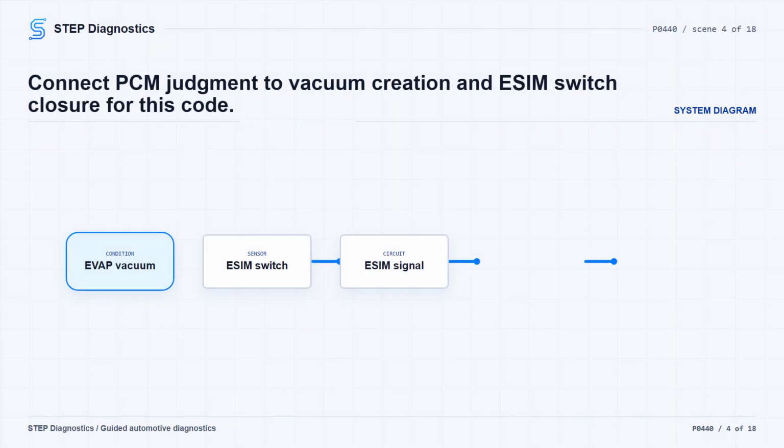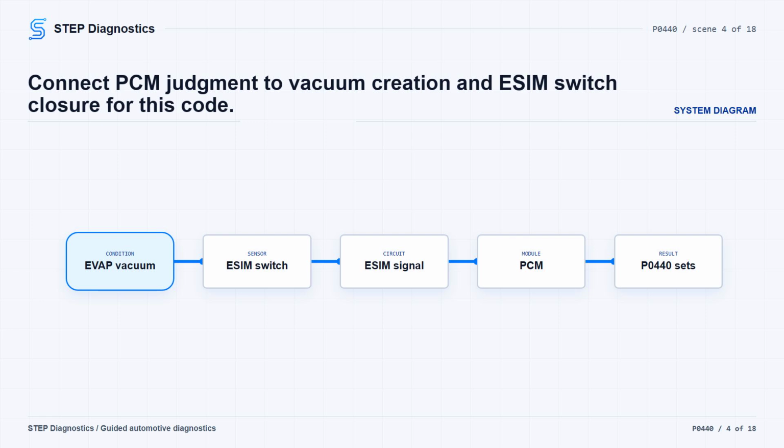The ESIM switch response is the center of this P0440 path. When system vacuum reaches between -187 Pa and -250 Pa, it acts on the diaphragm and closes the vacuum switch. The ESIM signal will typically be a 12.0 volt or 5.0 volt signal depending on the vehicle, and the voltage signals can vary between vehicles and may be somewhere between 5.0 and 12.0 volts.